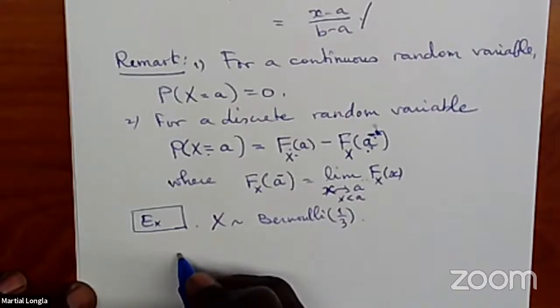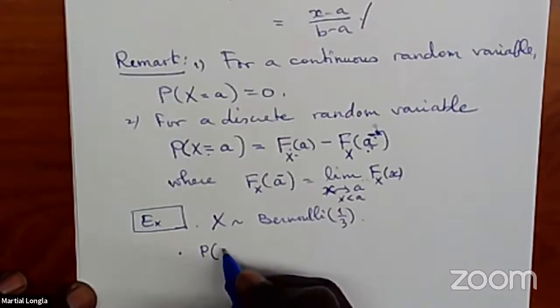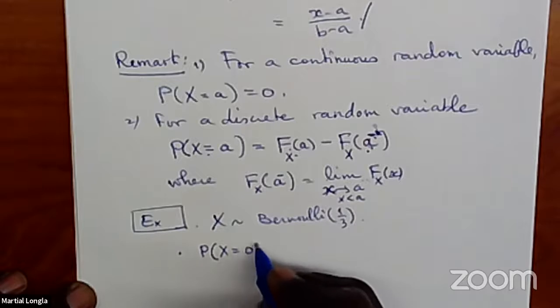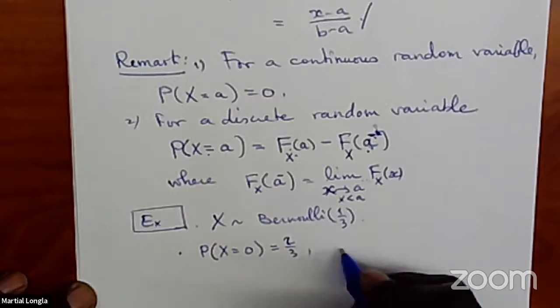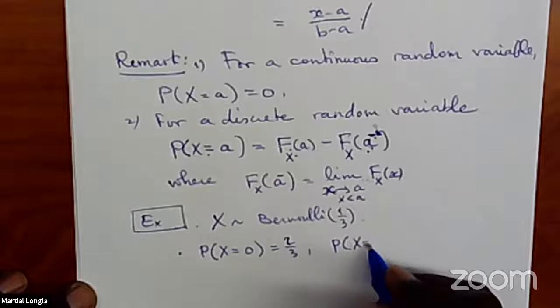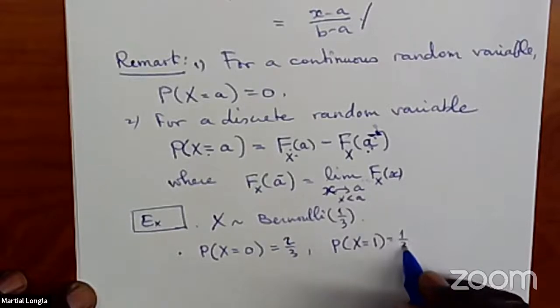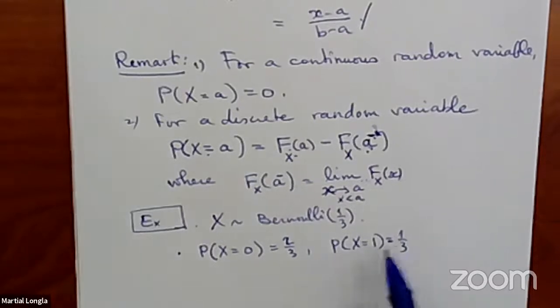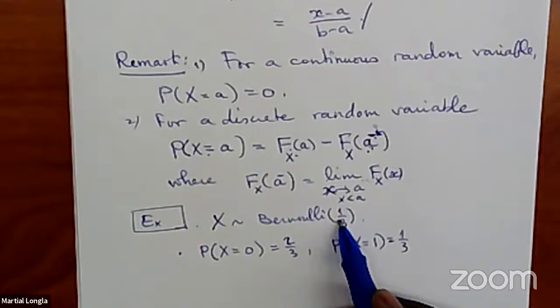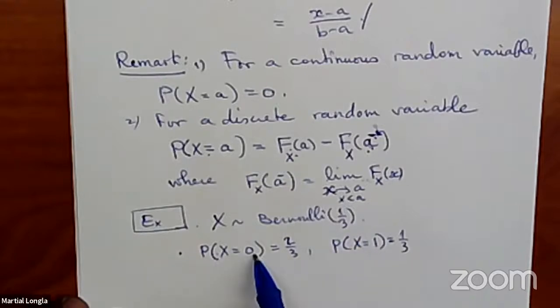It means that the probability that X is equal to 0 is 1 minus 1/3, that is 2/3, and the probability that X equals 1 is 1/3. That's the definition that I gave you earlier: the probability that X is equal to 1 is p, and the probability that X is equal to 0 is 1 minus p, which is 2/3 in this case.